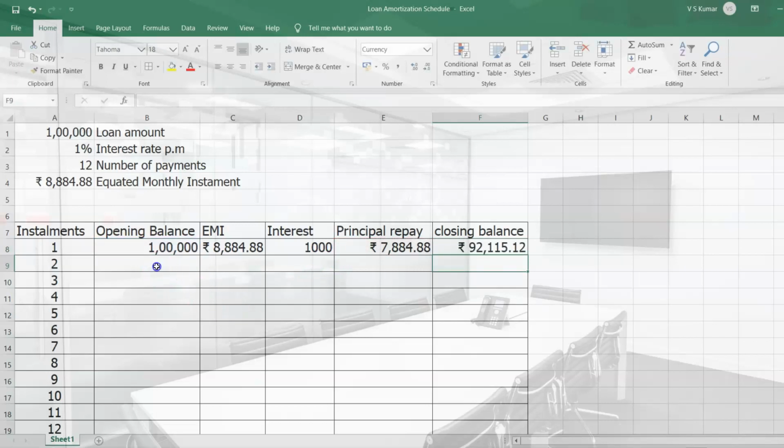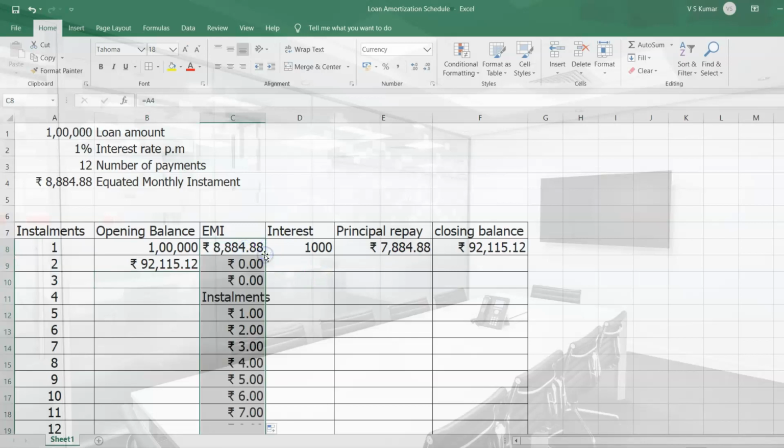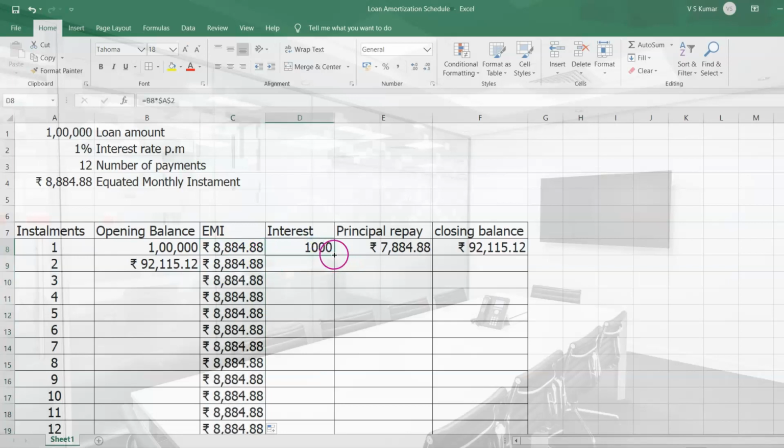So this will become the opening balance for the second month, and EMI will remain the same. So it should be specific. And your interest is to be calculated at the rate of 1% on the opening balance.